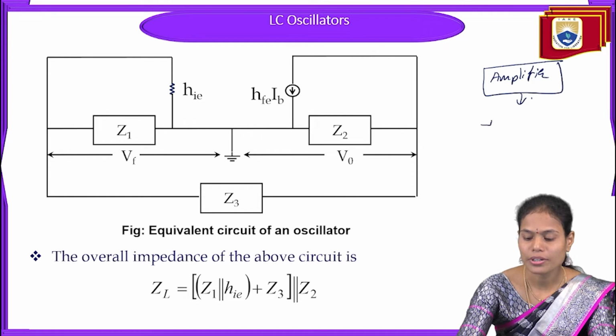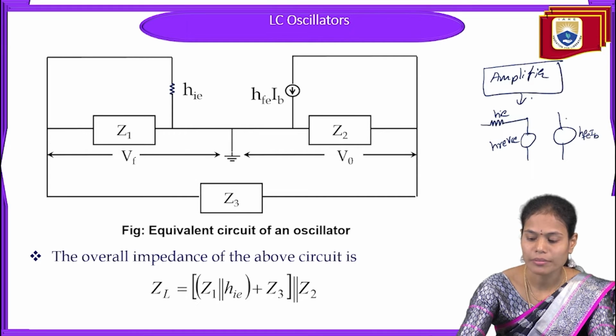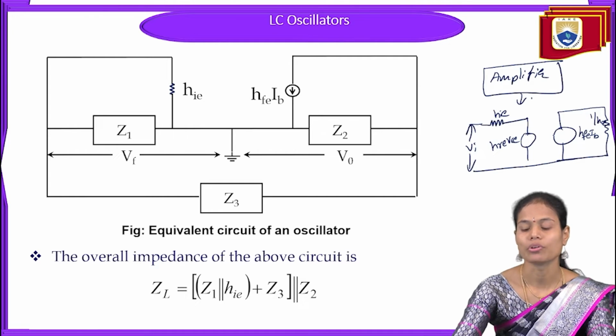Generally, in the hybrid equivalent circuit, we have the hie component, hre Vce element, and hfe Ib, and 1 by hoe. And here we will apply the input signal and voltage.